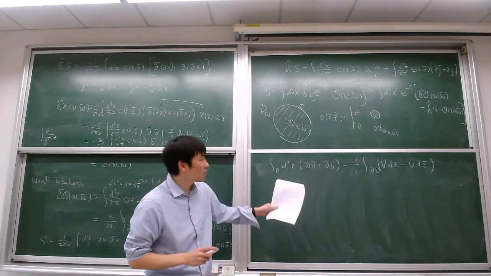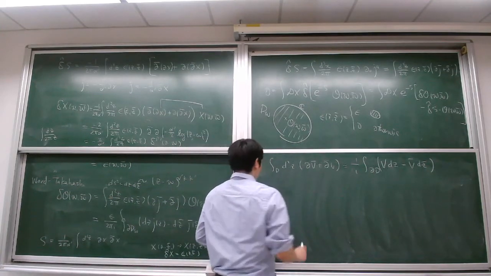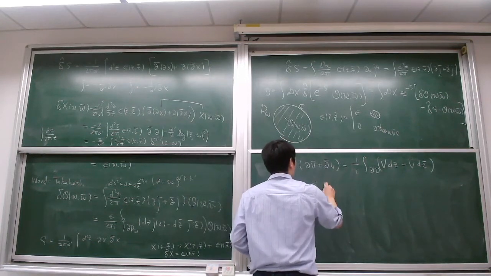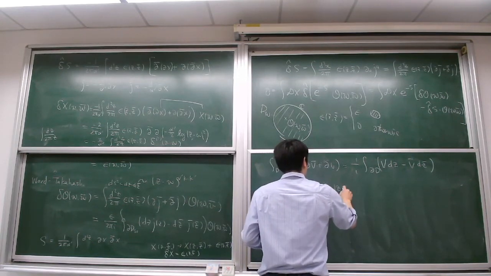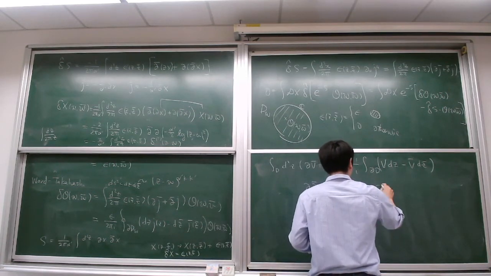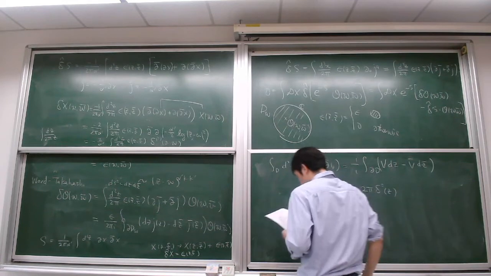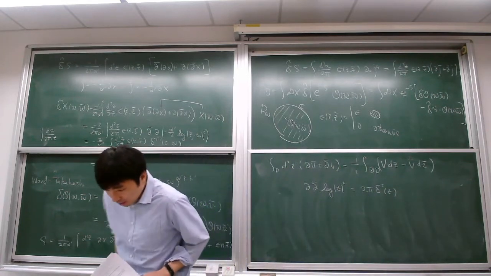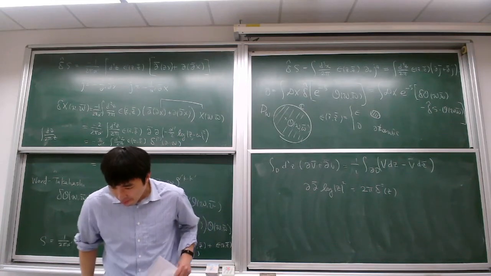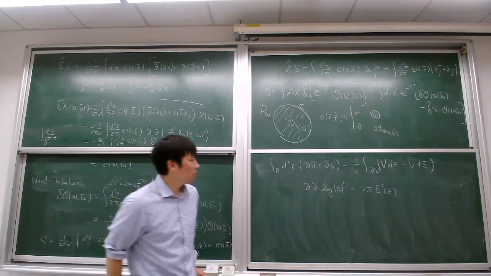I think if this is correct, then let's apply the same thing. Partial log squared. So we want to obtain this one, right? And then you just apply the same thing. I don't know why I made a mistake.